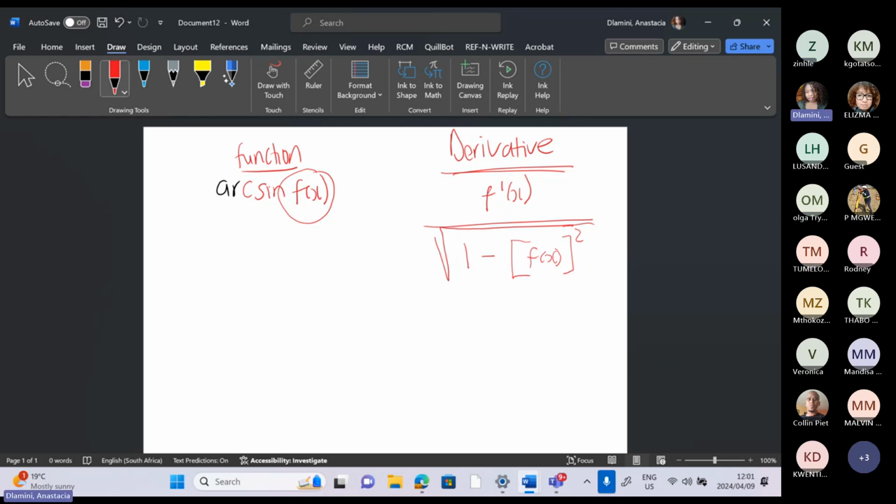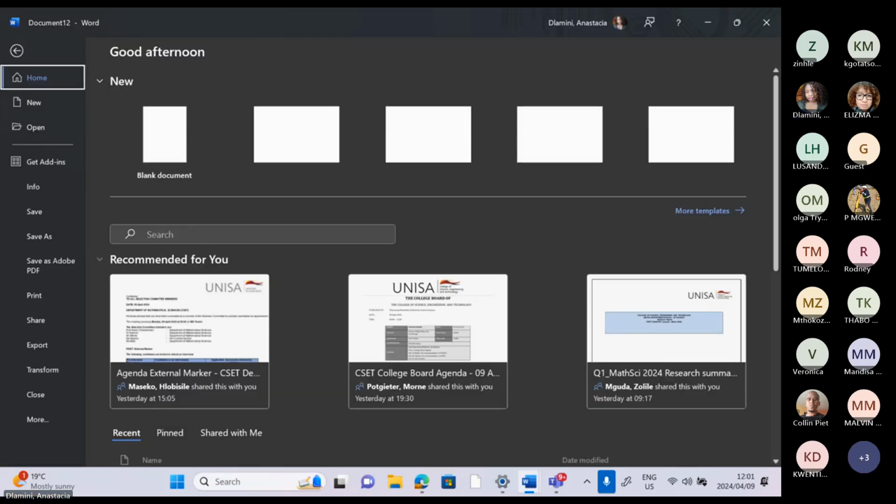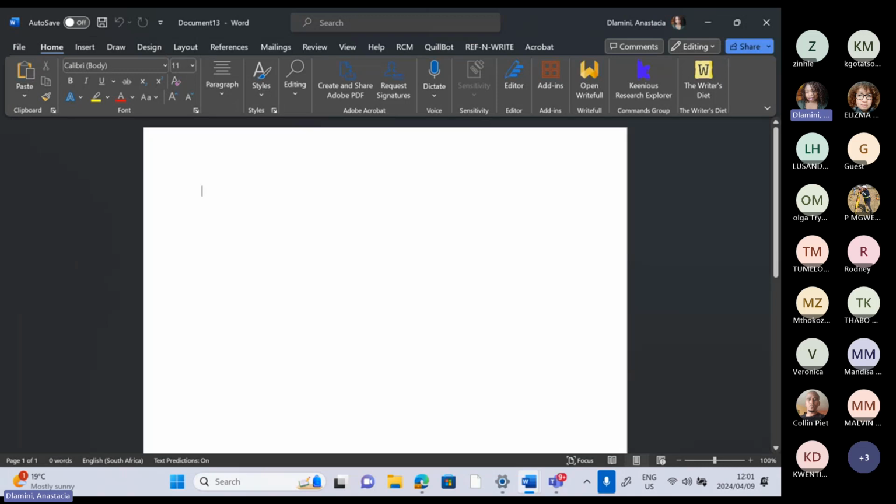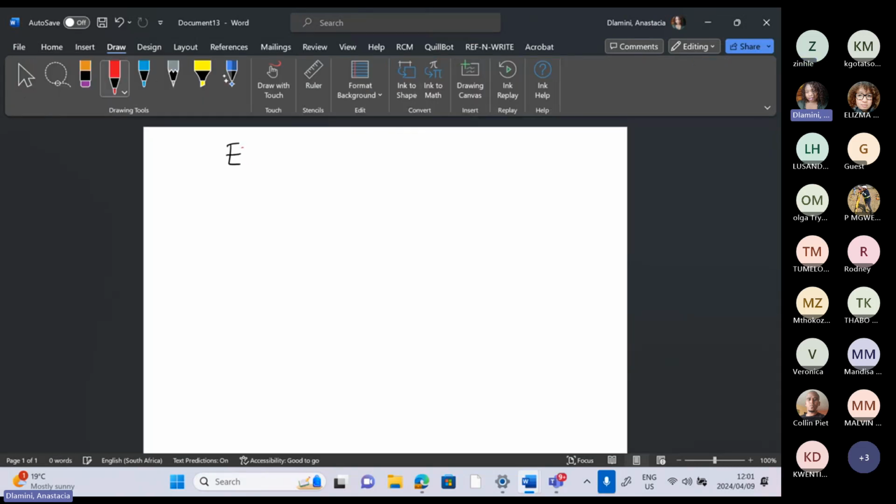So that page continues. If we are given a cos, then the derivative is on the right hand side. So let's do an example. Example 1 on page 42.